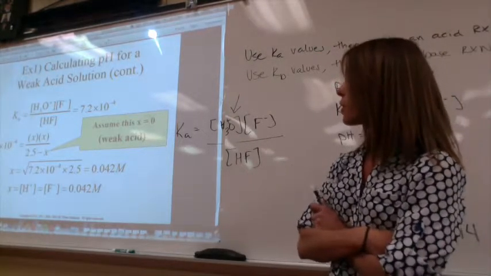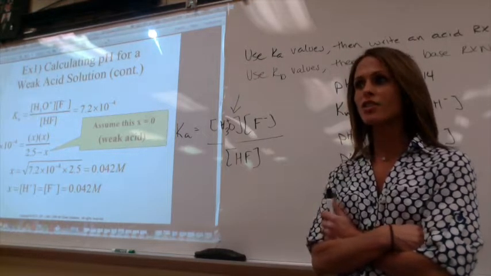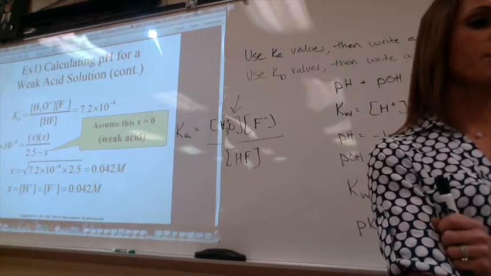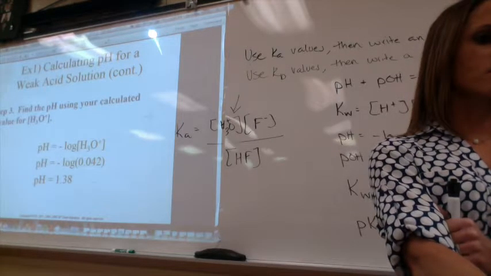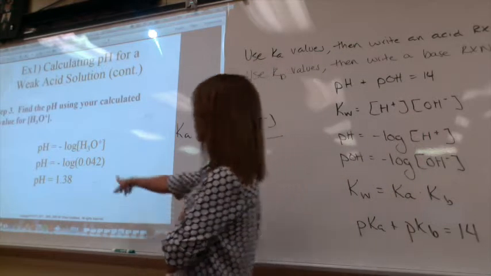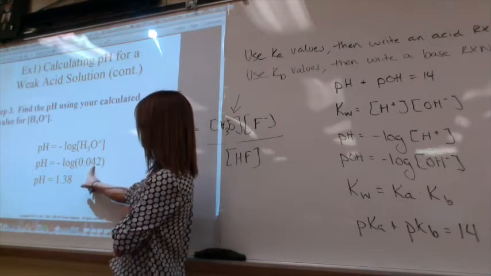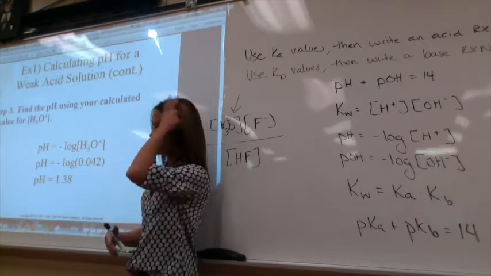You solved for H+, but the question is specifically asking you to find pH. So now you plug that into your negative log of the H+ concentration. Because your concentration had 2 sig figs, your pH should have 2 decimals: 1.38.